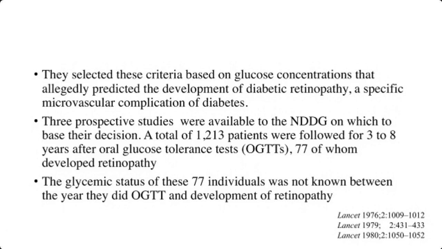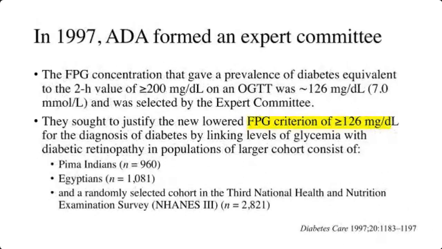The drawback of that one was the small number, just 77 people, and we don't know what their glycemic control was from the oral GTT till they developed retinopathy. But that criteria was sustained till 1997.